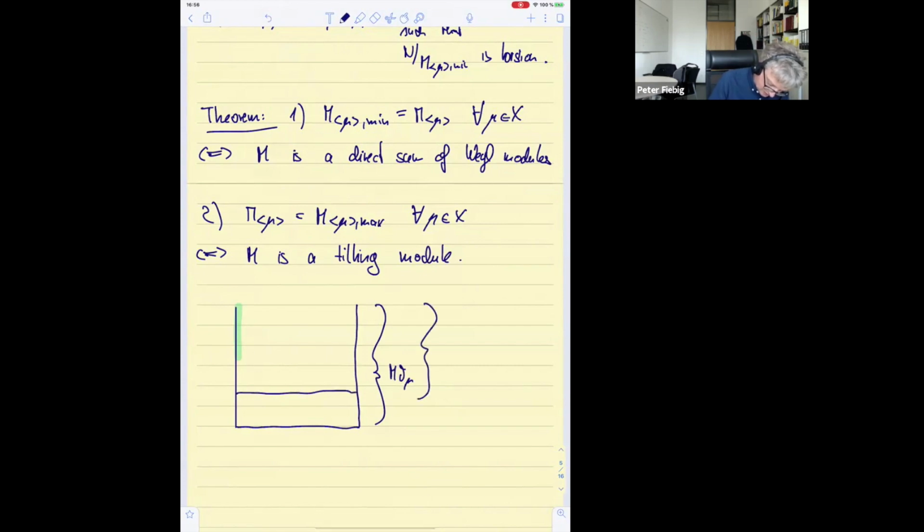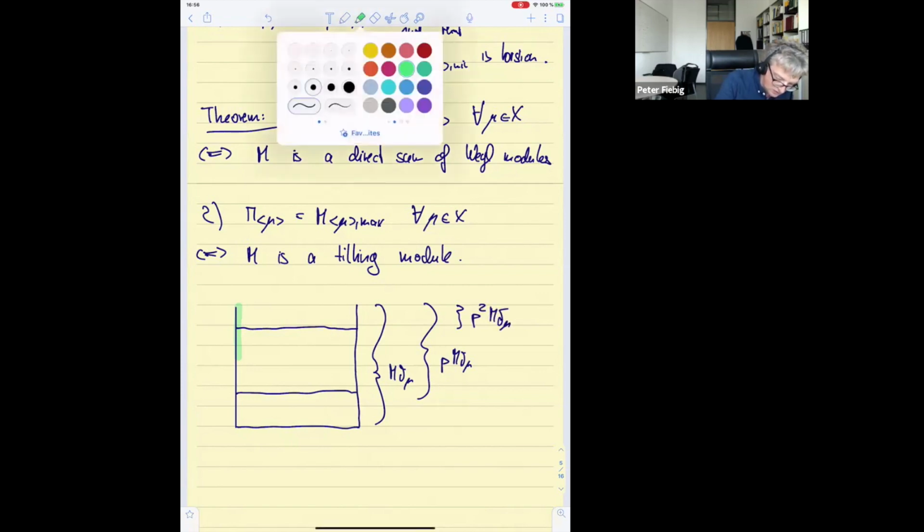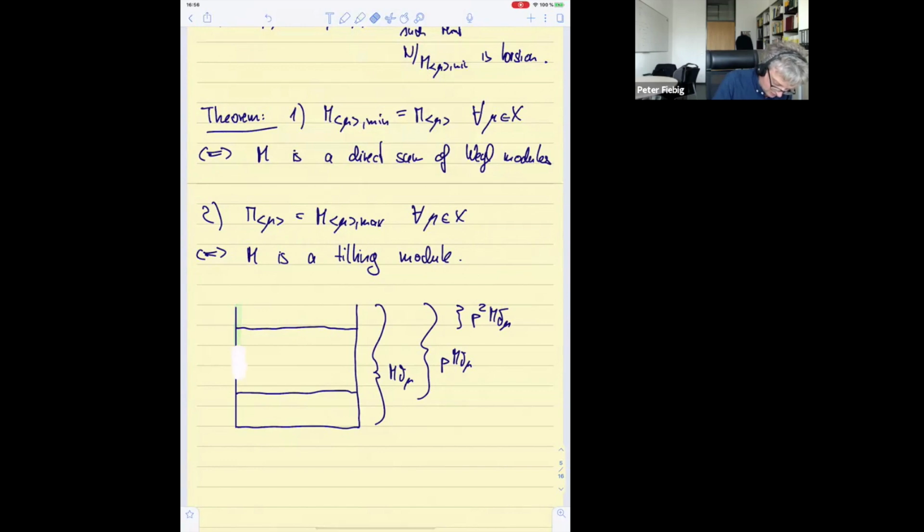So this is p times M_{Δ,μ}, and then maybe you have p squared M_{Δ,μ} here. And then you have this minimal submodule sitting somewhere here. So let's draw it like this. So this is the minimal module.